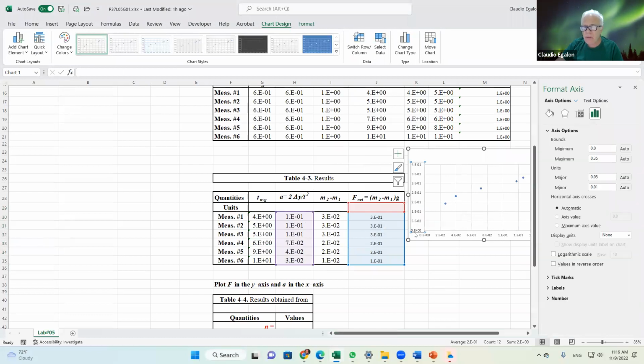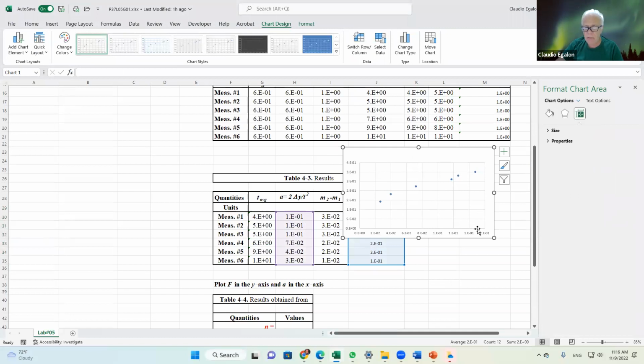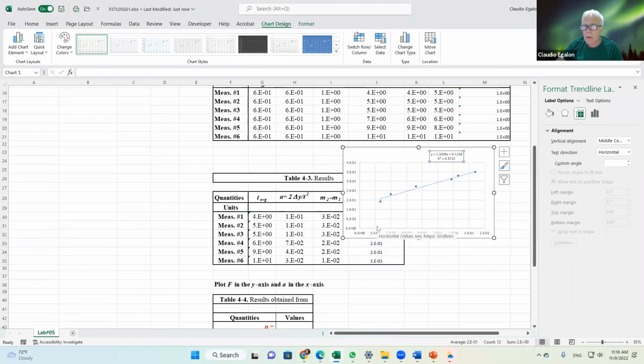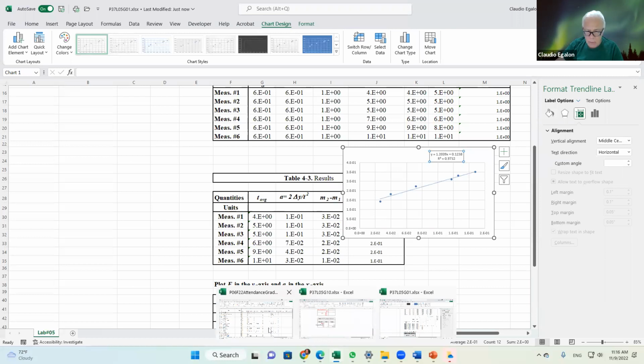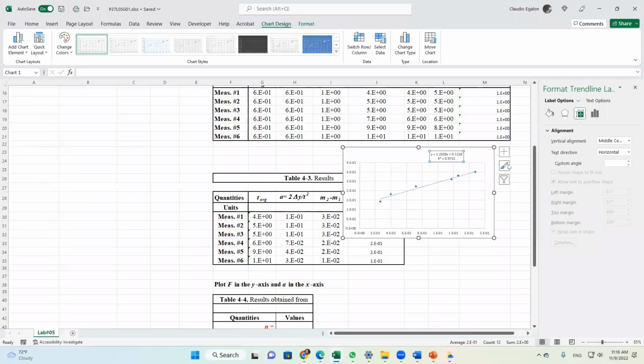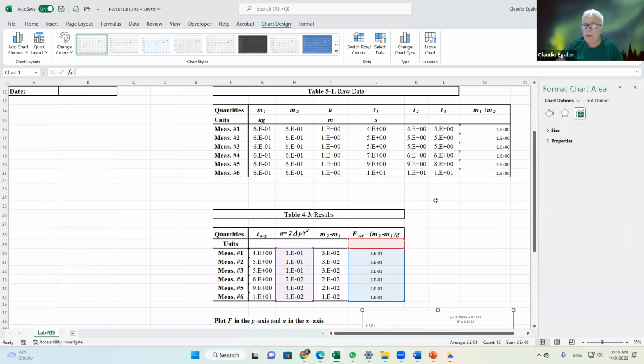So you can adjust here the maximum and minimum, so you don't have this huge blank space here, but let's take a look at the trend line. Display equation on chart. Yeah, 1.2, right? 1.2, and that's what you got, right, Fisher? Yeah, that is what I got. 1.2. Yeah, good.